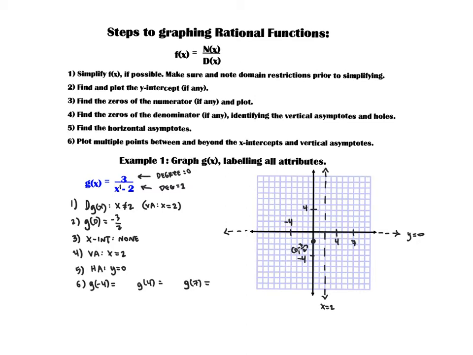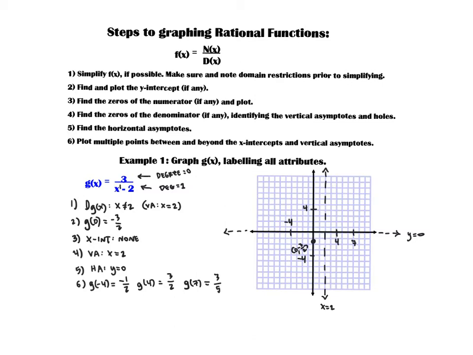Okay, so g of -4 would be -1/2. That would be a 3 over a -6, which is -1/2. G of 4 will be 3/2. And g of 7 will be, let's see, 3/5.